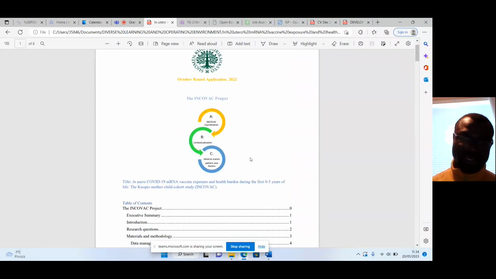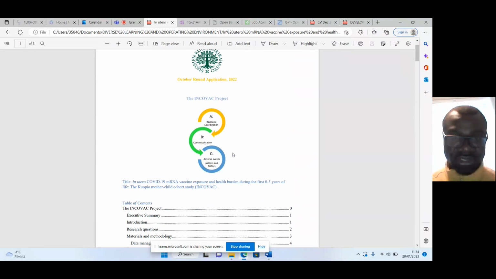So this proposal was intended, the project name is an INCOVA project, and it's about a COVID-19 post-market evaluation. So the title outlined here is in utero COVID-19 mRNA vaccine exposure and health burden during the first 5 years of life. That is in utero, during the pregnancy period, the exposure to the infant.